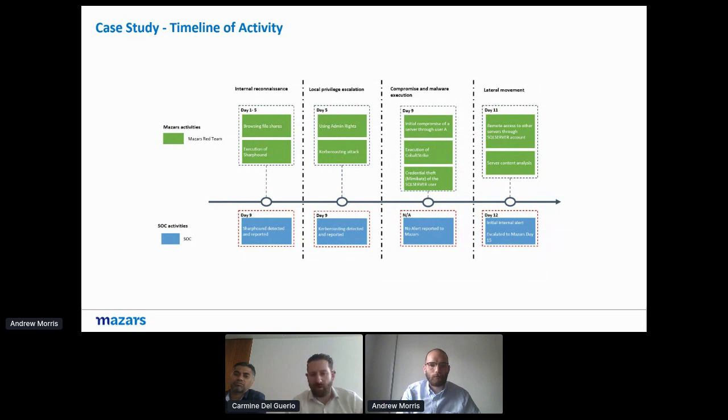From that point, we're able to run tools that enumerate shares. We're able to start to run some exploitations that give what's known as Kerberoasting, and that gives us an ability to dump passwords and credentials to see where we could move further through the attack chain.